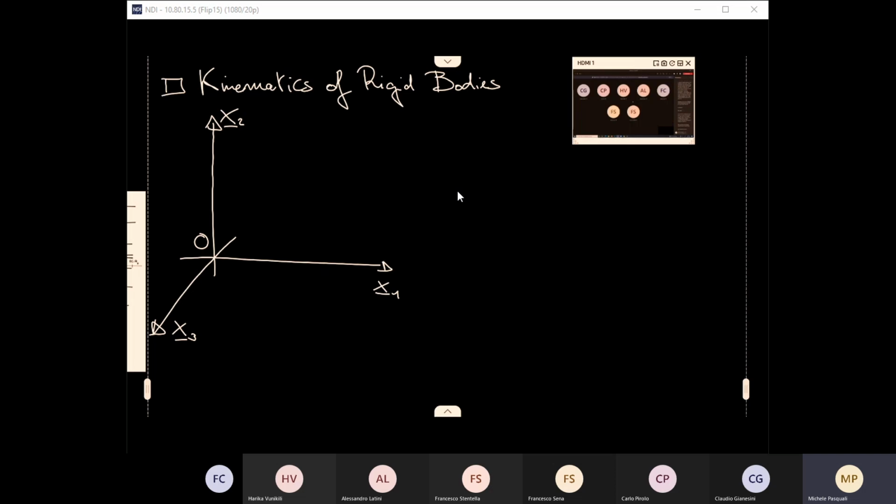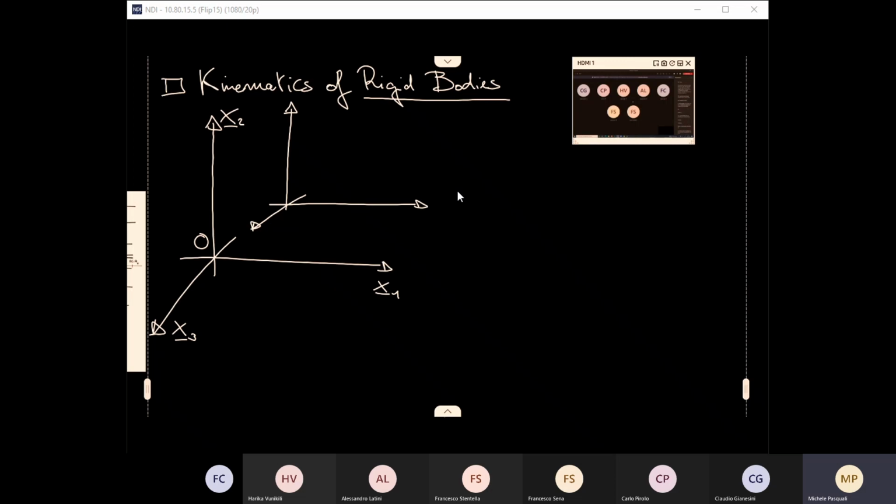Now we are dealing with rigid bodies, so there is no deformation. Let's say that without loss of generality, we consider a body that has a frame which we will typically refer to as the local frame. The local frame is the frame which is attached to the body.